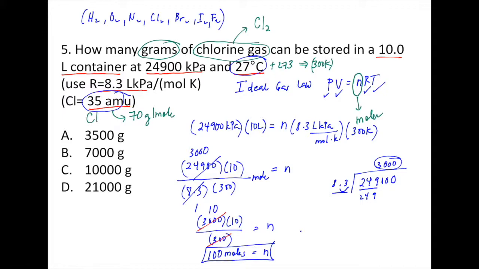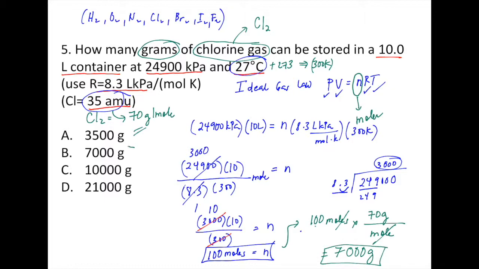That is for your Cl2. And since solving now, we have 100 moles of chlorine times, since we have here 70 grams per mole, I will write here my 70 grams on the top, 1 mole at the bottom, then therefore cancel, then 100 multiplied to 70, and that is 7,000 grams. So therefore, the answer here is letter B.